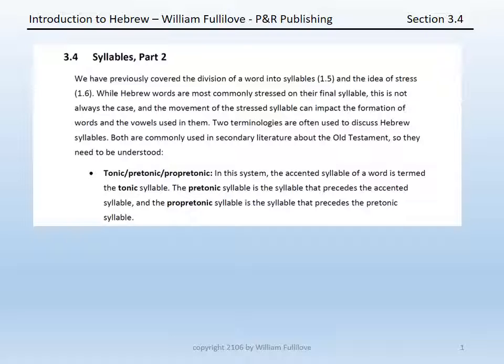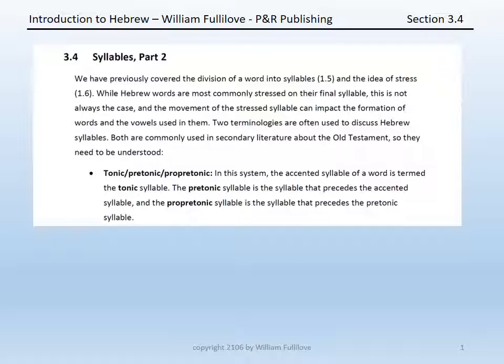In this system, the accented syllable of a word is termed the tonic syllable. The pretonic syllable, unsurprisingly, is the syllable that precedes that accented syllable, and the propretonic syllable is the syllable that precedes the pretonic syllable.